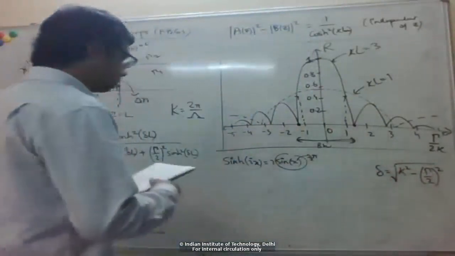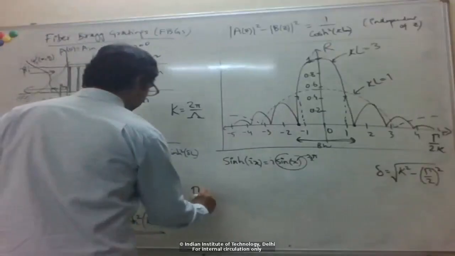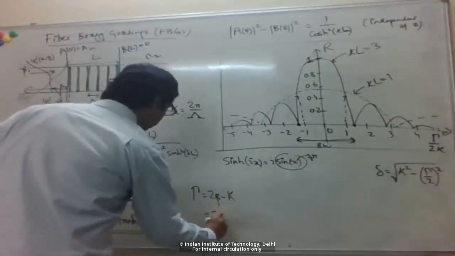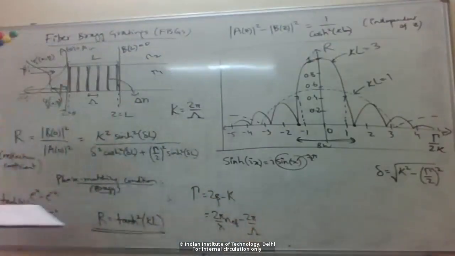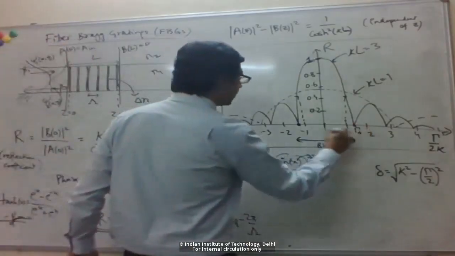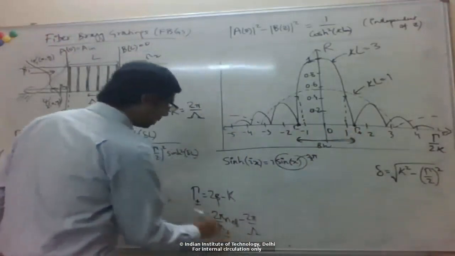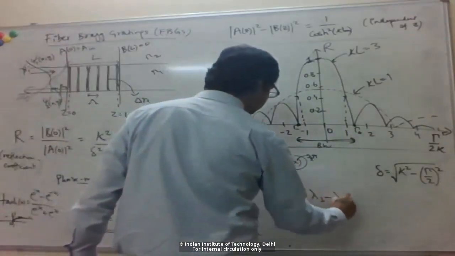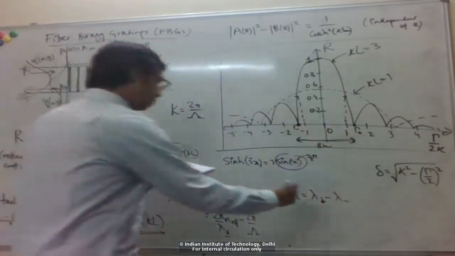So you get 2 values of gamma there, and then use gamma is 2 beta minus kappa, or basically this is 2 pi over lambda times n effective minus 2 pi over capital lambda. Right, so you get a gamma plus here and a gamma minus here. So you get a lambda plus and a lambda minus, and then you can define the bandwidth as the difference between these two wavelengths. Okay, so you can check.